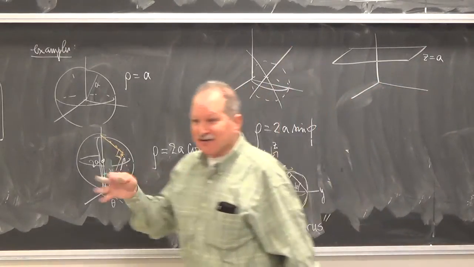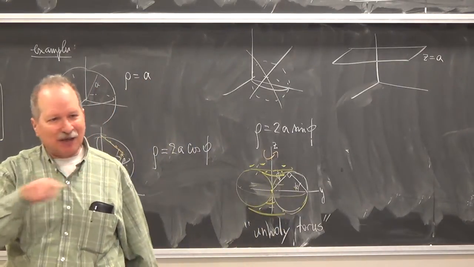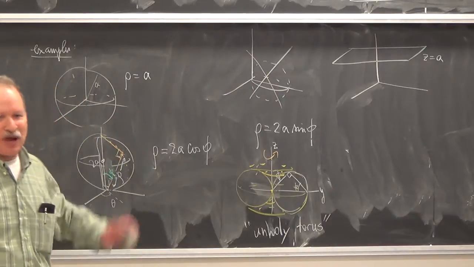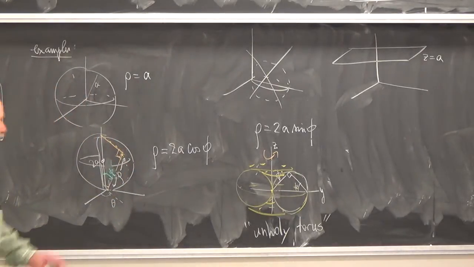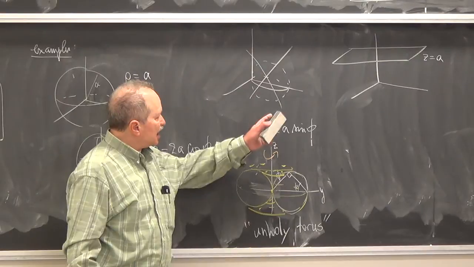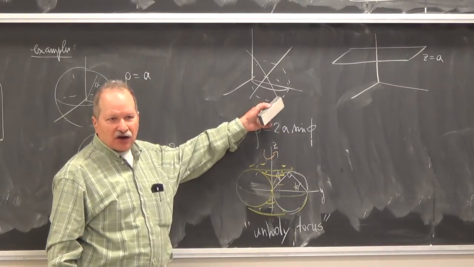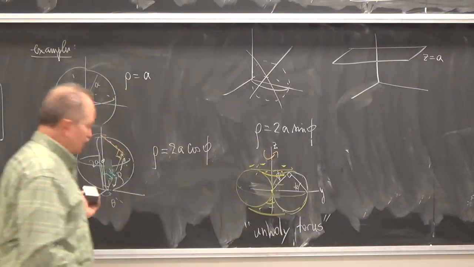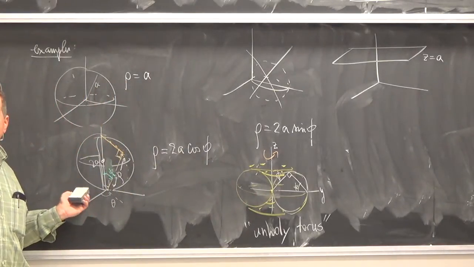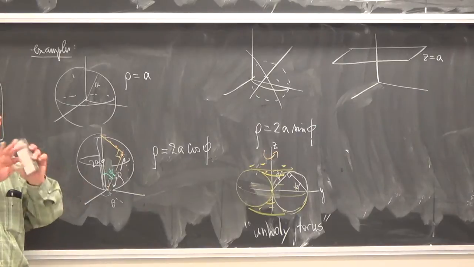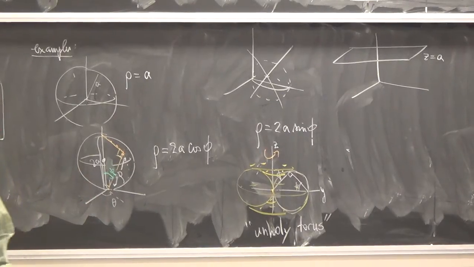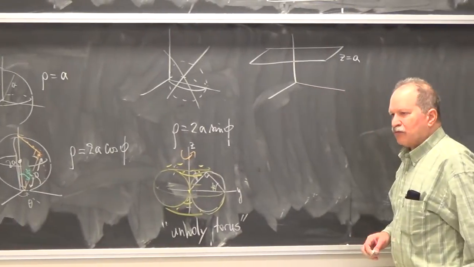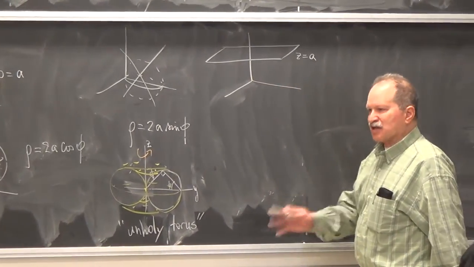Write down the Cartesian equation and put it into spherical, and it's going to have a mess with phis and thetas in it. So don't do it that way. If you have a sphere passing through the origin, change your coordinate system so that the sphere is centered on the z-axis. Just change the problem.